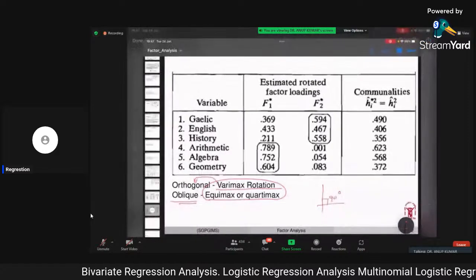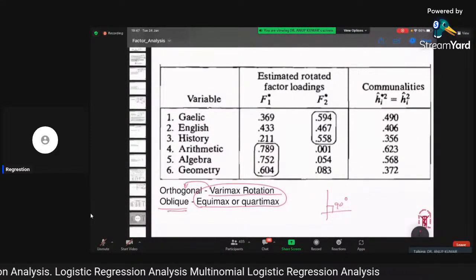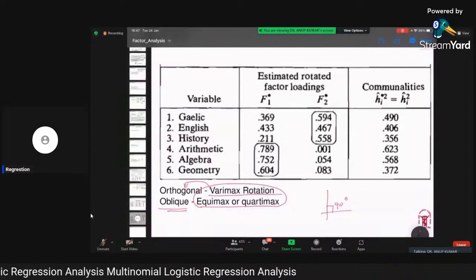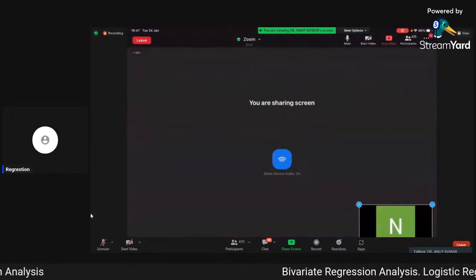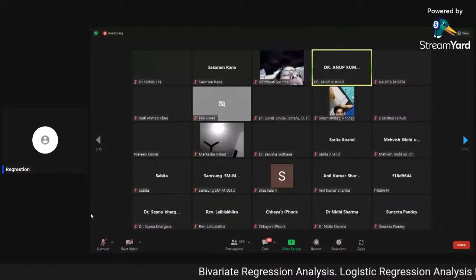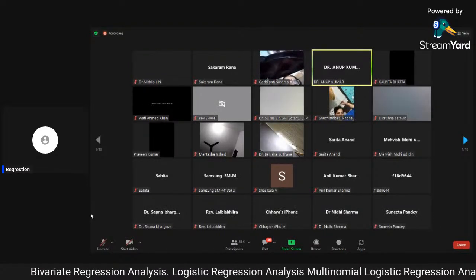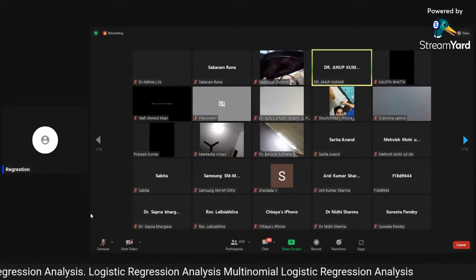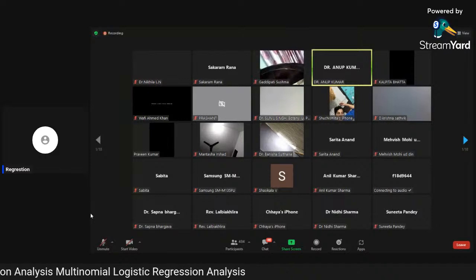Okay, so now with this I have already shared a data set with you, and I will be explaining the factor analysis with the SPSS software, along with whatever terms are involved.